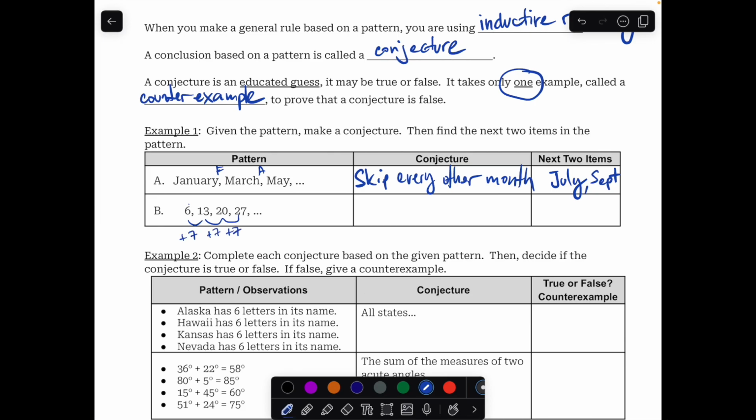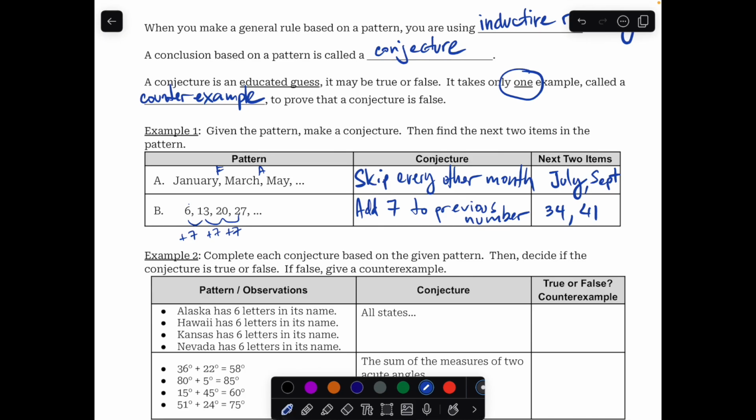So that's going to be our conjecture: we're going to add 7 to the previous number. Now, what would our next two items be? We stopped at 27, so 27 plus 7 should be 34. And 34 plus 7 should give us 41.